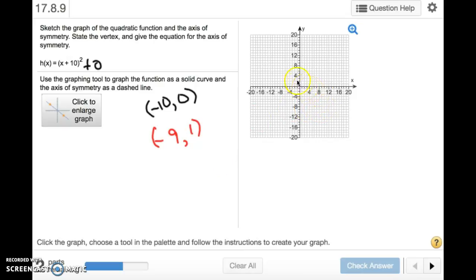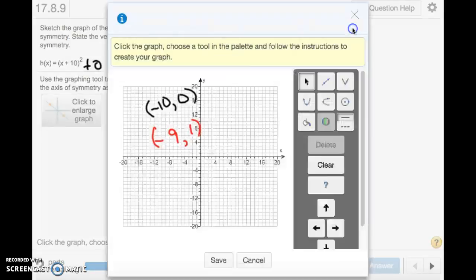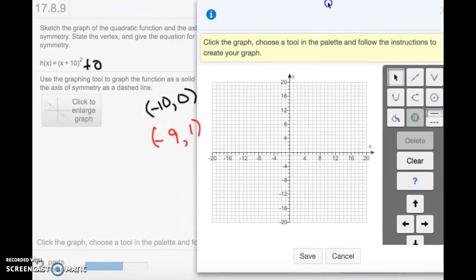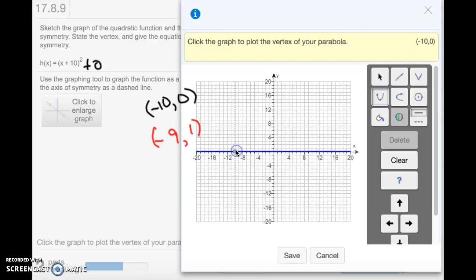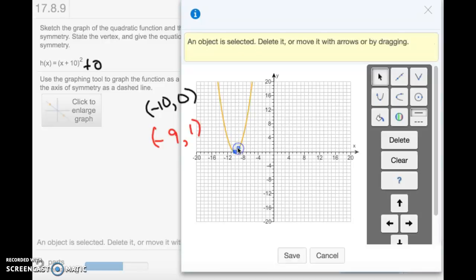So now I'm going to go back, and because it's kind of small, I'm going to make it a little bit bigger by clicking on this. And I need to get the U-shaped parabola tool. I'm going to go to negative 10, 0, and then I want negative 9, 1. And there is my graph. It also asked me to graph the axis of symmetry as a dashed line.